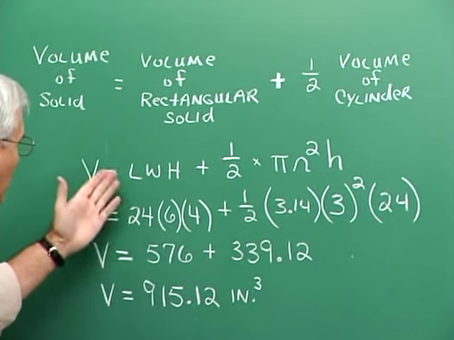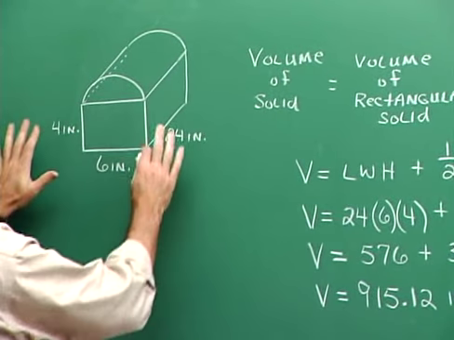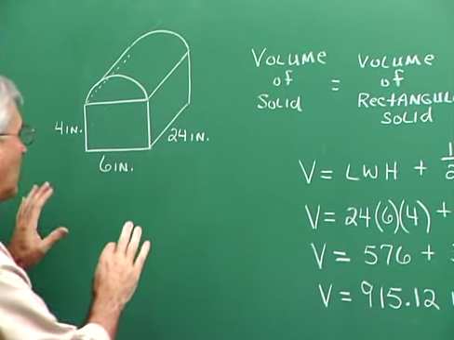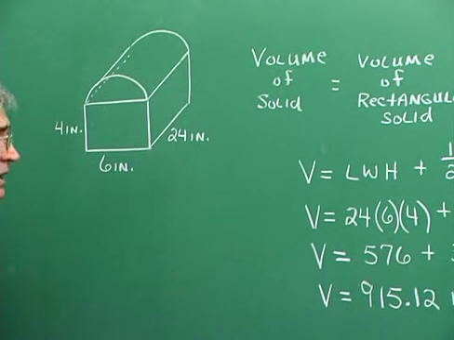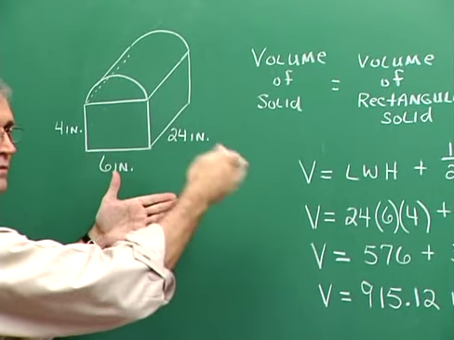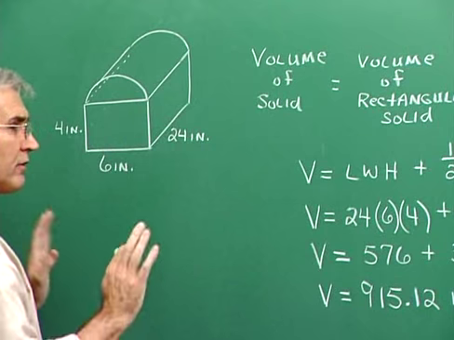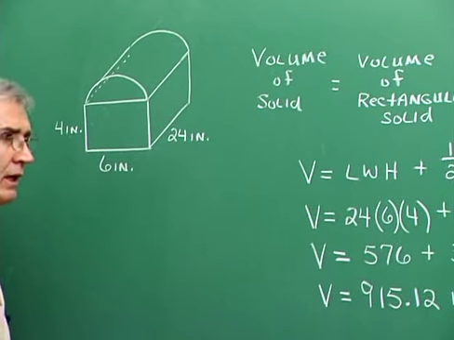Now, the length, width, and height of the rectangular part. You can think of this in a lot of different ways. You can think of area of the base times the height, and that would be just fine. But the point is, when you're multiplying length times width times height, or LWH, you are just multiplying the 3 different dimensions, and the order doesn't make any difference.